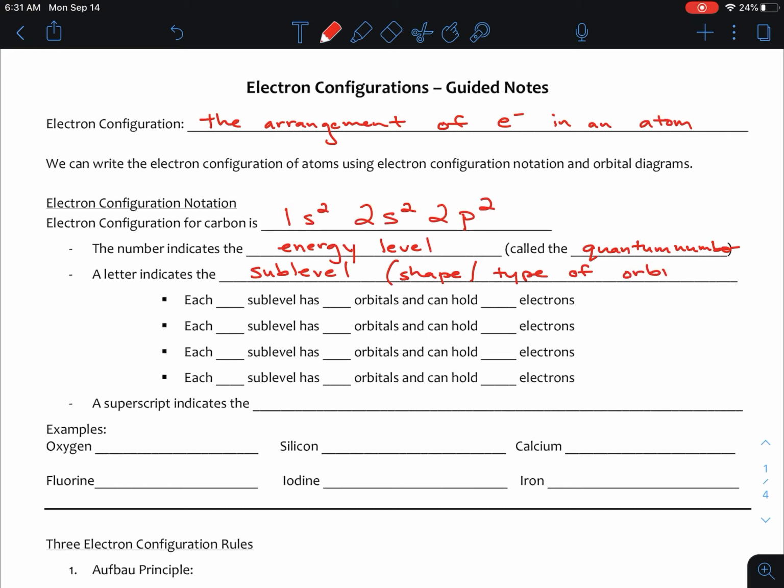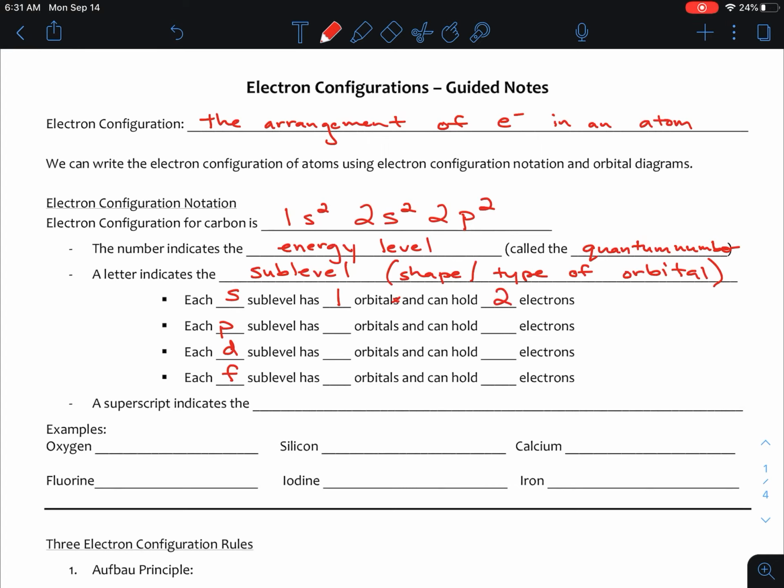Electrons are orbiting around the nucleus in certain shapes or certain types. And so we have 4 different types or shapes: there's an S, a P, a D, and an F. Each of these different sublevels has different numbers of orbitals. The S sublevel has 1 orbital, and each orbital can hold 2 electrons.